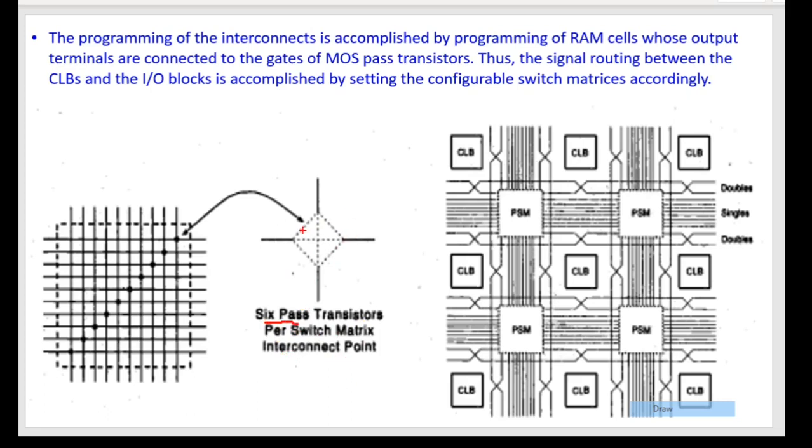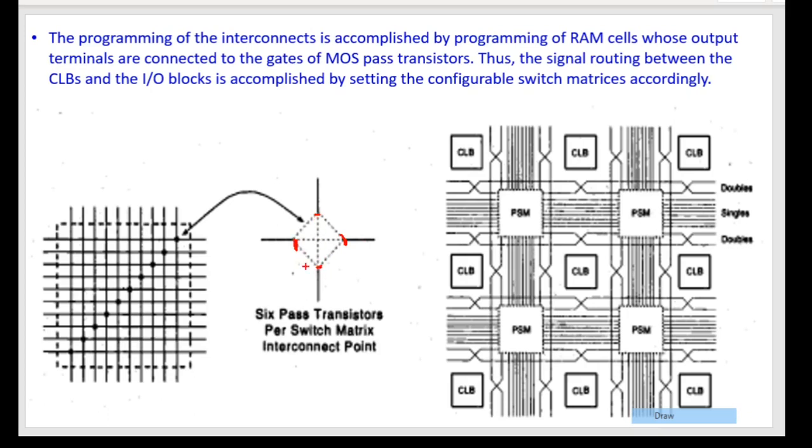So this is 1, 2, 3, 4, this is 5, this is 6th. So there are 6 pass transistors. Each of these has one pass transistor present between this node and this node, one between this and this node, one between this and this node, and one between this and this node.